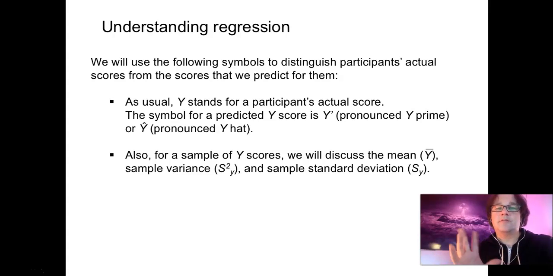Also, for samples of Y scores, when we're talking about a group of Y scores, we'll discuss the mean of that group as Y bar. Typically we see X bar, because we usually deal with the mean for X scores, but here we're dealing with the mean for Y scores. Also, sample variance will just have a Y next to it, so we know that we're talking about the sample variance of the Y scores, and the standard deviation also will have a Y next to it.